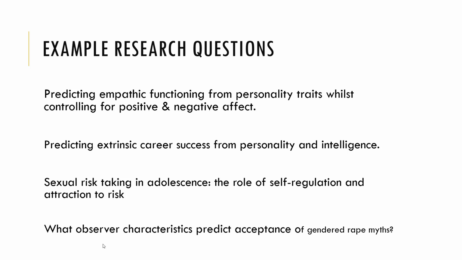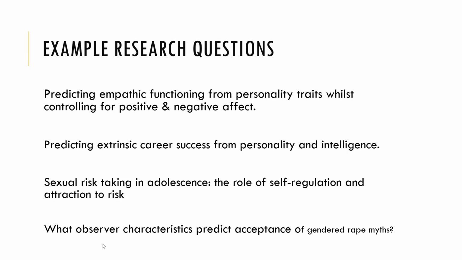One approach was looking at empathic functioning. Can we predict empathic functioning from personality traits whilst we control for positive and negative affect? That was using a hierarchical linear regression, where you control for positive and negative affect first, and then you look to see if personality can predict uniquely something about empathic functioning.